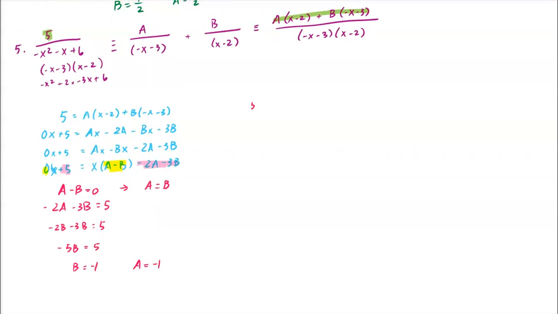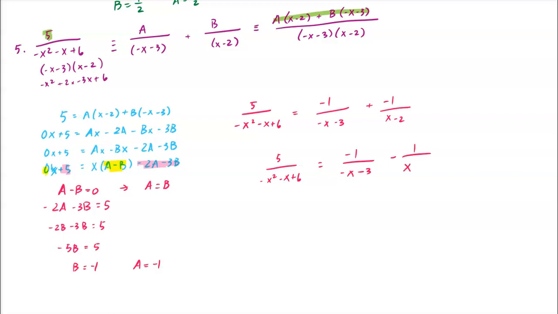So we have 5 over negative x squared minus x plus 6 equals negative 1 over negative x minus 3 and then negative 1 over x minus 2.